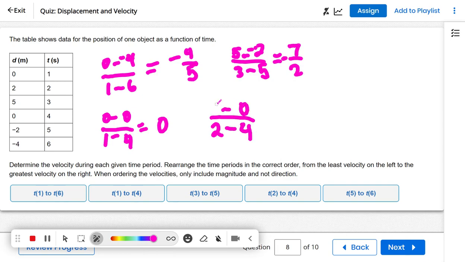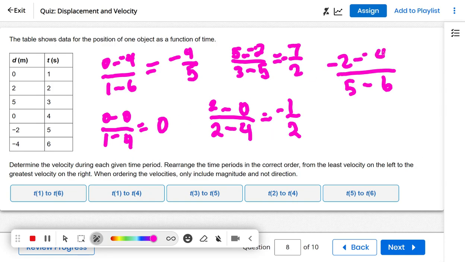With 4 we got the 0. With 2 we got 2. So this is -half. Then I got one more, 5 to 6. -2, 6. This is going to be regular 2. And this is going to be -1.